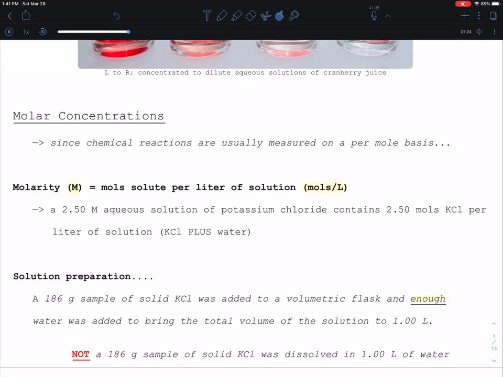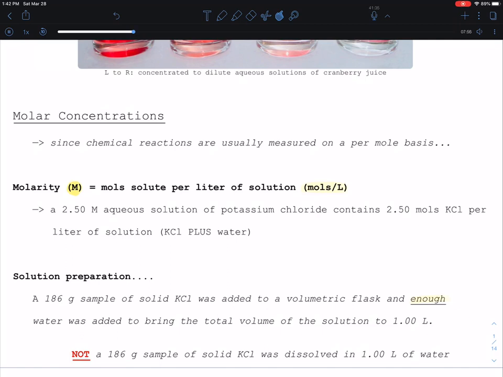What that means is we're going to take the number of moles of solute, whatever that may be, and divide it by the volume in liters of the entire solution. The unit is usually a capital M. So let me highlight this for you, this big M right here. Very often in our calculations, it behooves us to expand that unit, because big M is not very helpful.